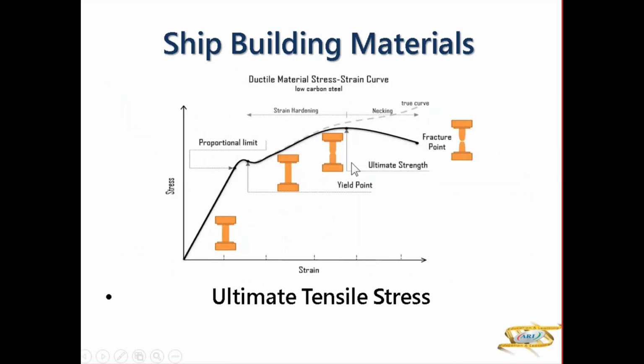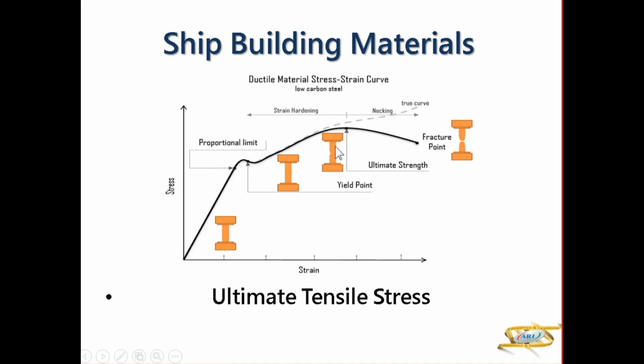Now, if you see in this diagram, you're stretching this material, so you're coming to the proportional limit, and then the stress is not directly proportional to strain, so that is your yield point. It is still in the elastic phase. After that, it enters the plastic phase. You're still stretching it. From the yield point to the UTS, this is known as strain hardening, because the material is getting strained.